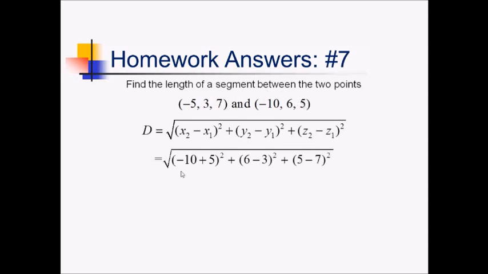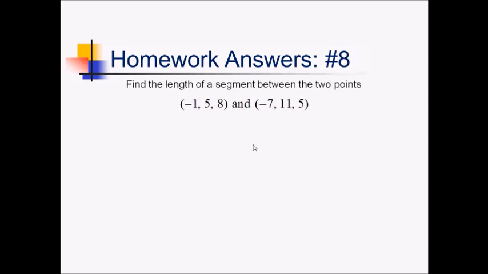So going through and just crunching the numbers here, because they want simplest radical form on this. This is going to be negative 5 squared, so 25, plus this is going to be 9, plus 4. So that's going to come out to, let's see, 38. When all is said and done, 25 plus 9 plus 4, 38. And we can't really simplify radical 38 anymore, so we are actually done.